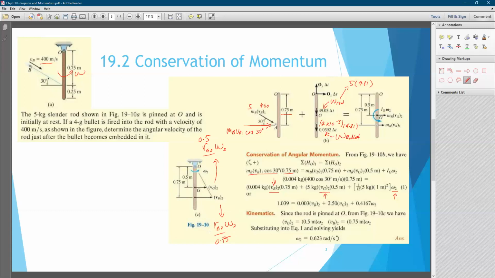If you replace this and this into this equation, after you resolve this part here, we come to this. So you can see that you will only have one unknown, which is omega 2. So finally, you will have one equation and one unknown, and can solve. And you'll see that omega 2 is equal to 0.623 radians per second.